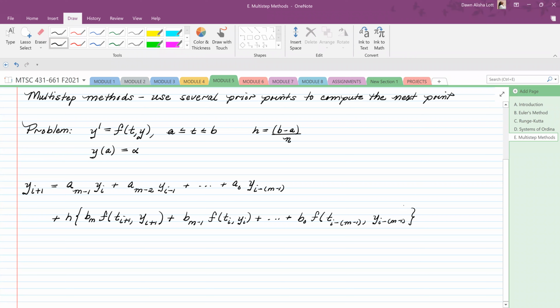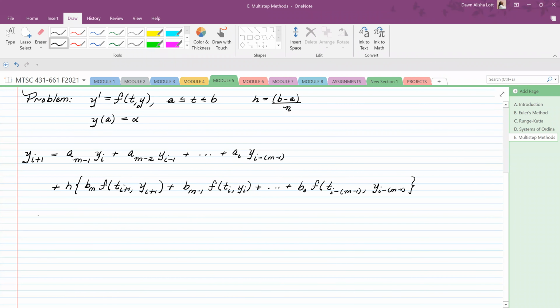Okay. Now, if b sub m is equal to 0, then the method is explicit. And if b sub m is not equal to 0, then the method is implicit.